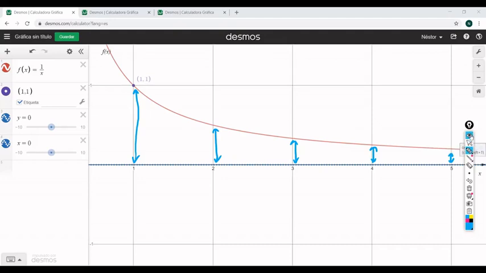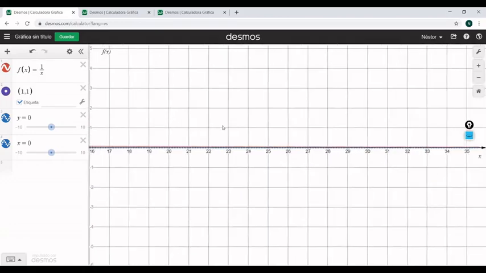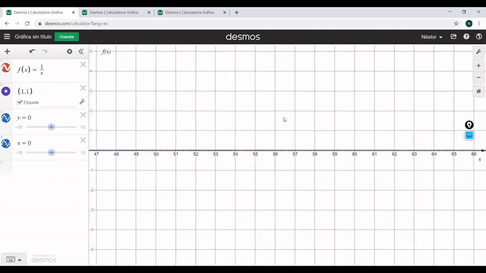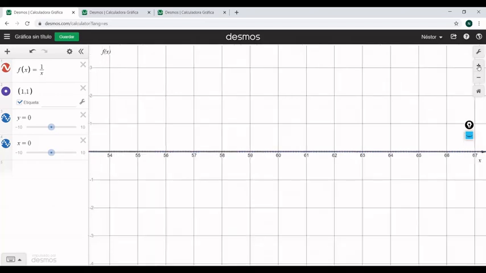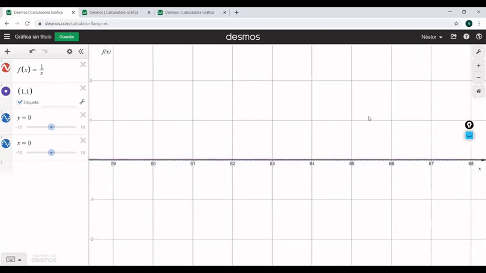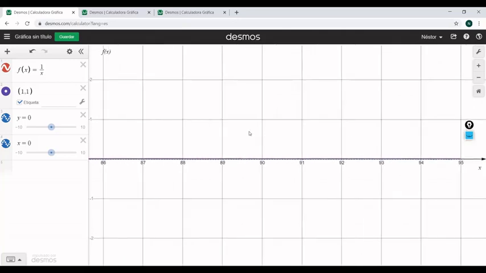Let me erase this thing. If you think that at this point the red line has already touched the blue line, you're incorrect. Because if I zoom in, look, can you see? And the same is going to happen no matter how far away from the origin I get.